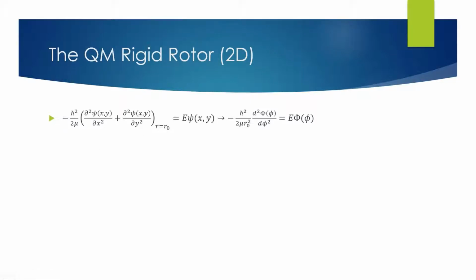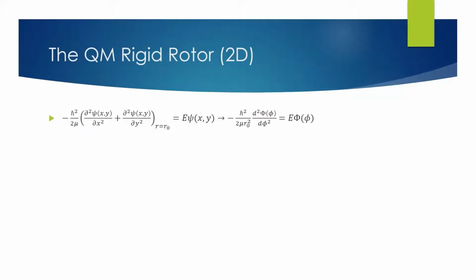Like I mentioned on the last slide, it is simpler to solve these problems if instead of thinking about the Cartesian coordinates x, y, and z, we think about polar or spherical coordinates. If we do a change of variables from Cartesian coordinates to spherical coordinates, or in this case polar coordinates, we get a much simpler differential equation to solve.